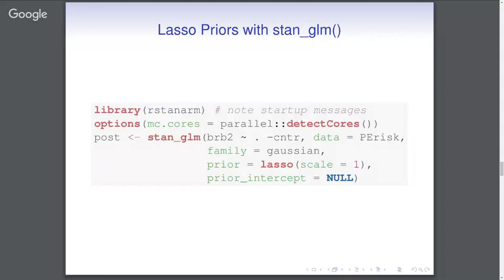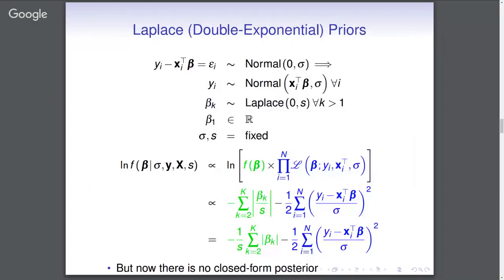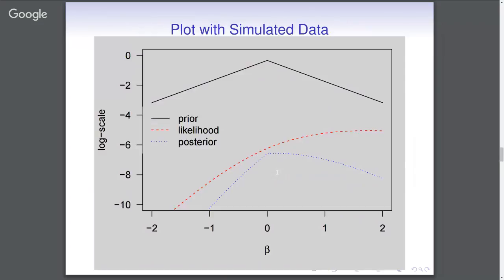And there's a prior family in the rstanarm package called lasso, which does this, except S is not fixed and sigma is not fixed either. It's going to put priors on those, and we get the posterior distribution of everything.